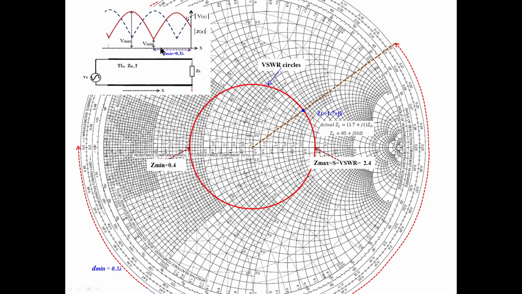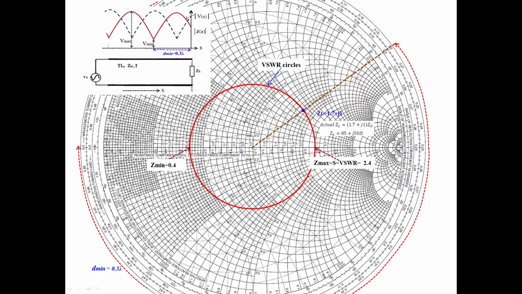Starting from here, move like this. How much distance? 0.3 lambda. It is given in the problem. We need not calculate this, because the problem itself gives the wavelength value. So start from the minima here and move a distance of 0.3 lambda.